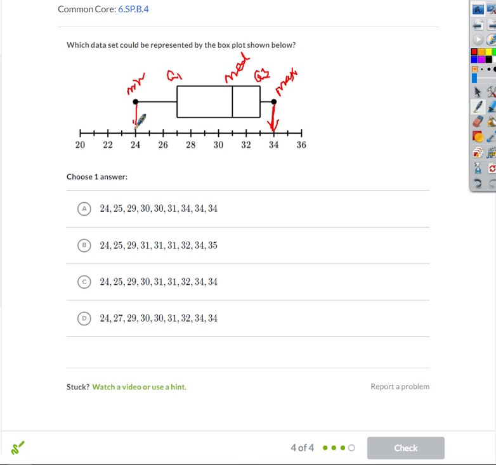Let's say our minimum is 24. Q1 is right here at 27. Our median is right here at 33.